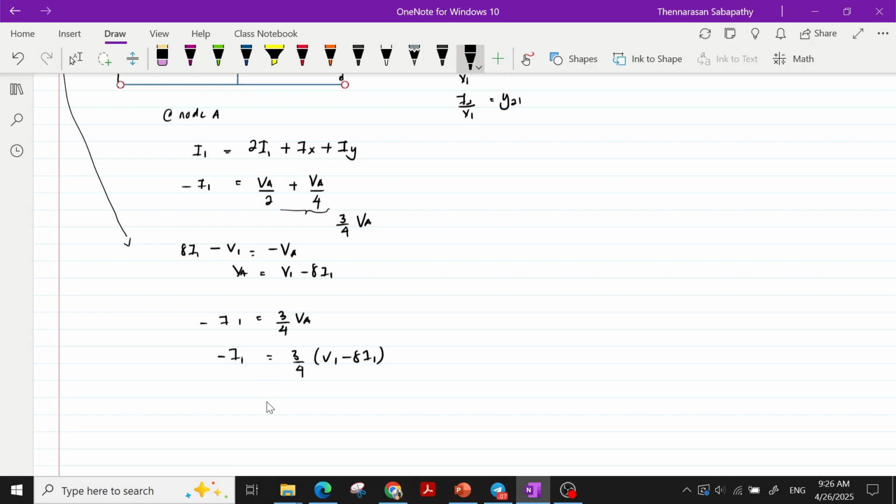and V1 equals 6I1, and I bring the negative 6 here, it becomes positive. 6 minus I1 is 5I1 equals 3 over 4 V1.